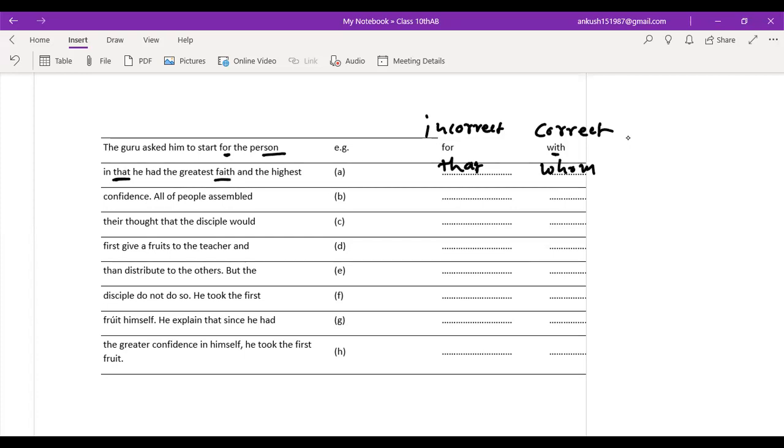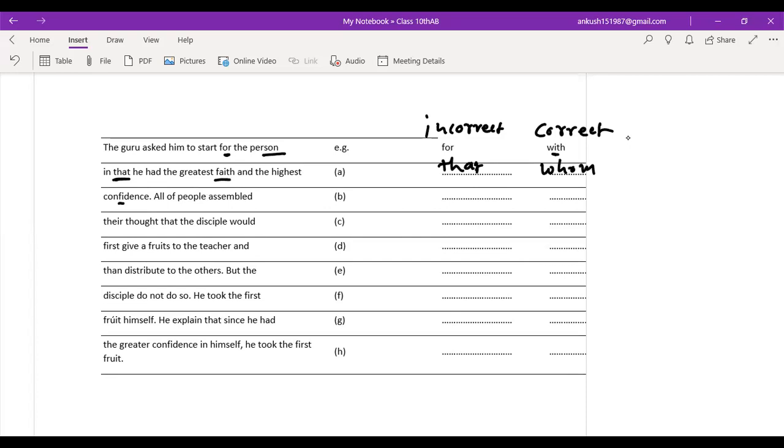We have faith in, right? We do not have faith that. So with the person in whom he had the greatest faith and the highest confidence.